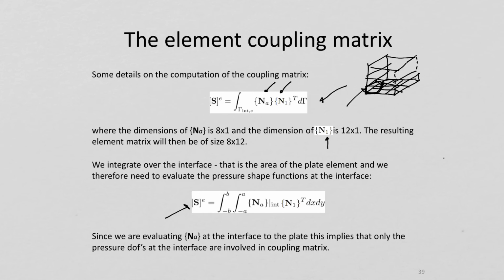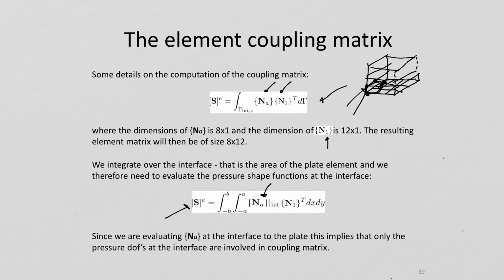So that means that we're actually doing a 2D integration, right? And that also means that when we evaluate our shape functions for the acoustic medium, we need to evaluate it at the interface of the plate. So that means only a 2D surface. What that implies when we do this integration is that, if we go back to the box plot here, all the degrees of freedom of that box on the top are actually not involved.